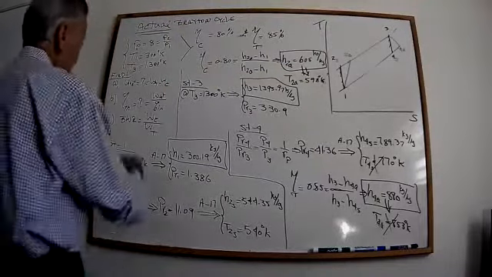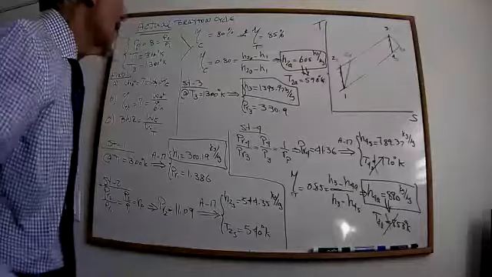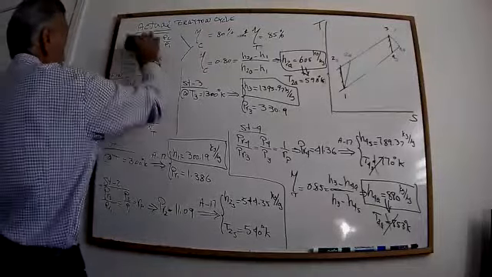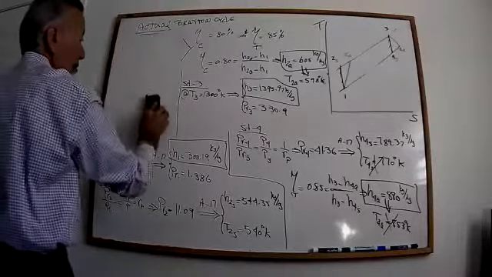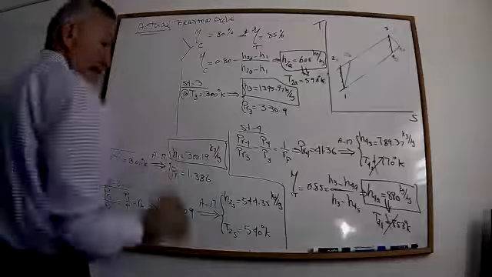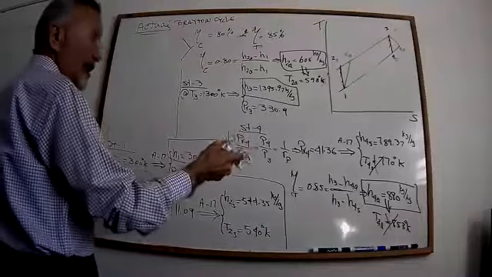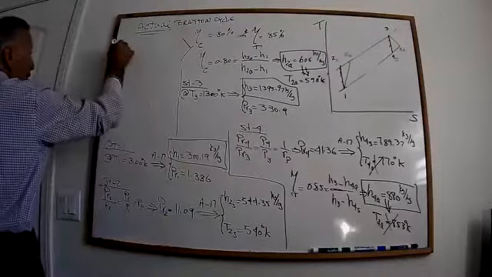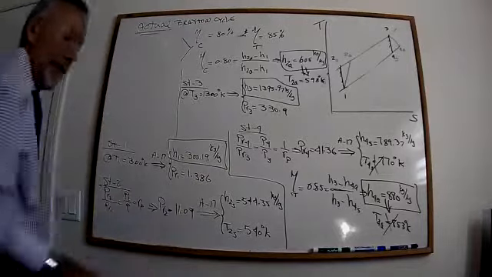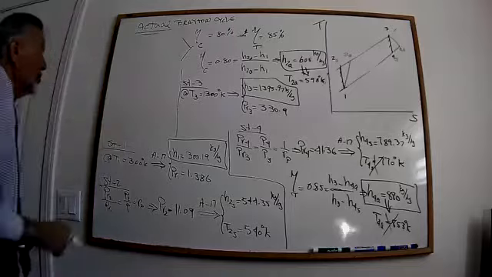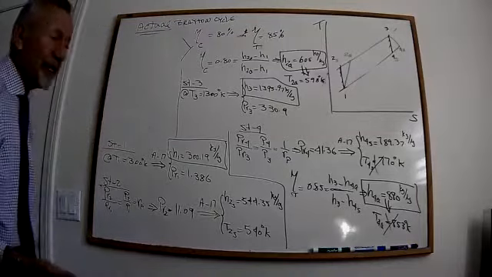Now I can address the net work, back work ratio, and thermal efficiency. So let me just erase this part. Now, I can find the back work ratio very quickly because, oh no, I haven't done that, sorry. Since I need to find the back work ratio, I need to find the work of the compressor and the work of the turbine.